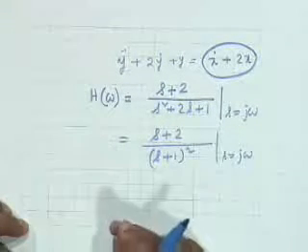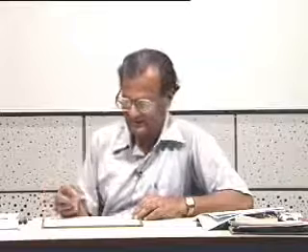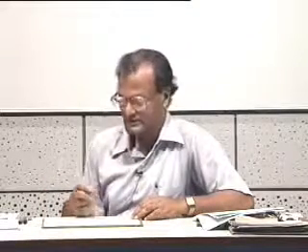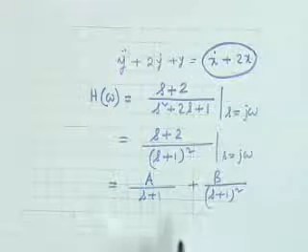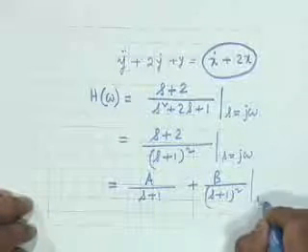What I know is the inverse transform of 1 by s plus 1. I know the inverse transform of 1 by s plus 1 whole squared. The function shall be multiplied by t, or 1 by s plus 1 whole cubed. I know that too. The function shall be multiplied by t squared, and so on. So the first thing that we do is to expand this in those kinds of forms. That is, I write A by s plus 1 plus B by s plus 1 whole squared. I don't want anything other than a constant in the numerator.